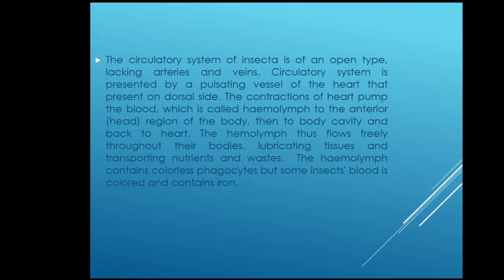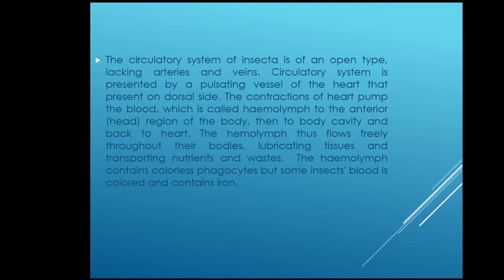The circulatory system of Insecta is of an open type, lacking arteries and veins. The circulatory system is presented by a pulsating vessel, the heart, which lies on the dorsal side of the body.